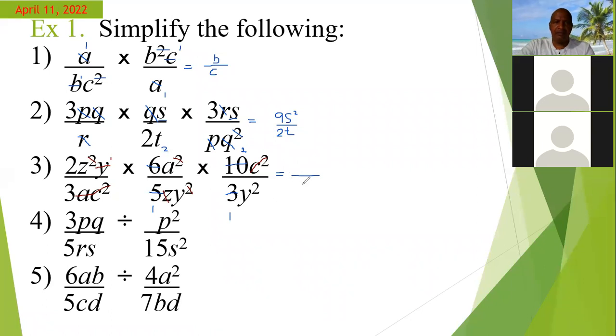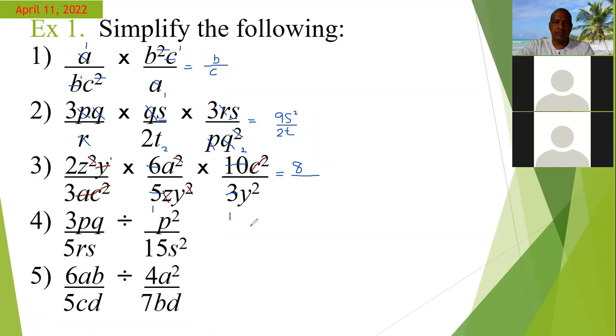So what we have now would be 2 times 2 equals 4, and then 4 times 2 equals 8. Okay, so in the numerator we have 8 for the number. What else now in terms of the symbols?